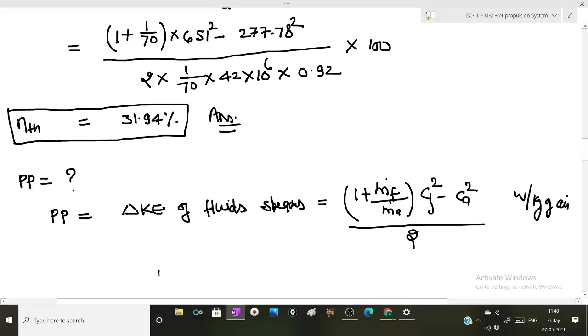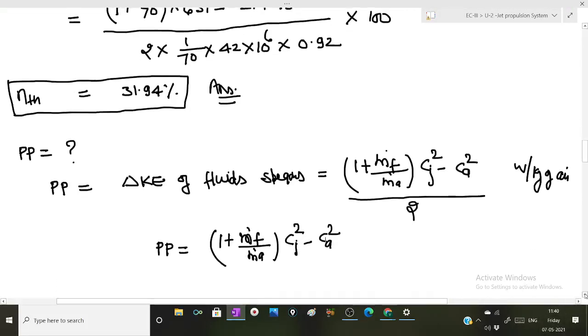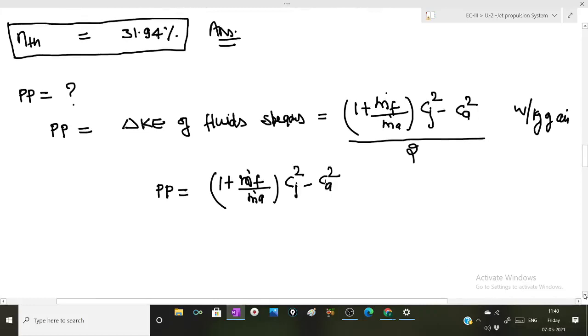If I multiply this entire term by mass flow rate of air, it will become 1 plus m dot f over m dot a, Cj square minus Ca square, entire term multiplied by m dot a, divided by 2.